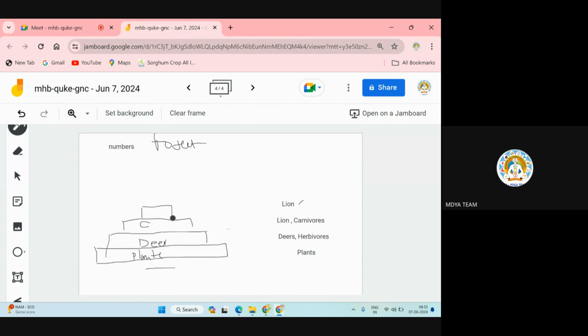So this is our pyramid of number. Plants will be maximum, then deer will be slightly less than plants, then primary carnivores will be less than deer, and the secondary carnivores will be lowest in numbers. We are talking about numbers. So this pyramid, as you can see, is a conical structure and we call it an upright pyramid.